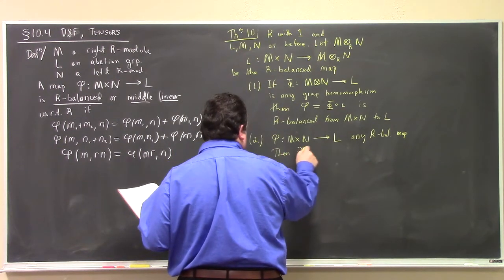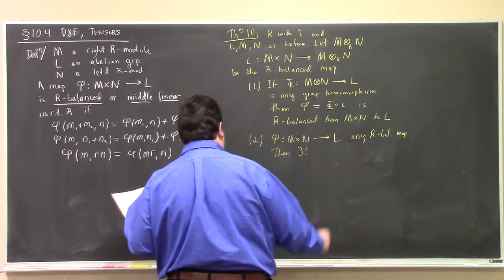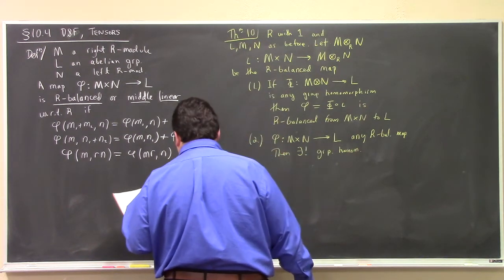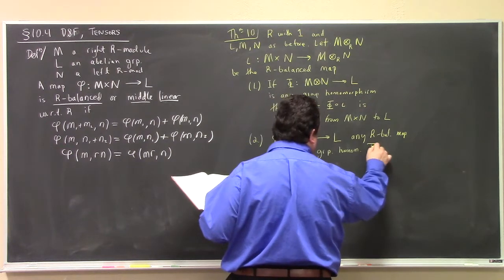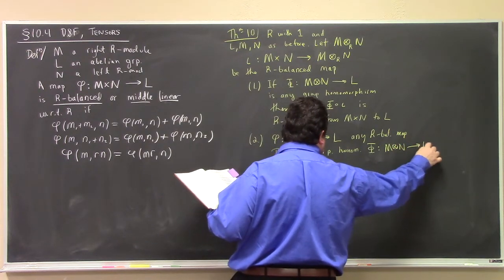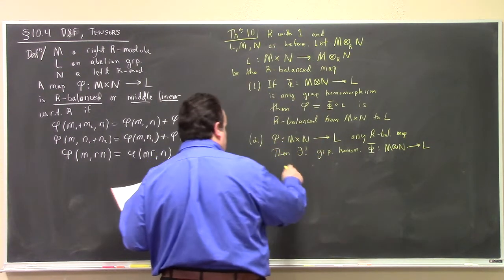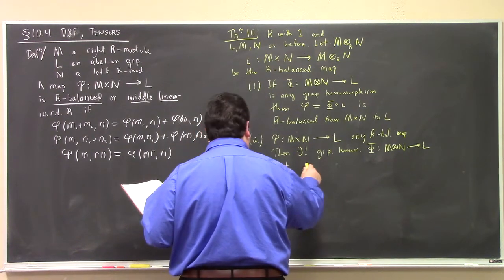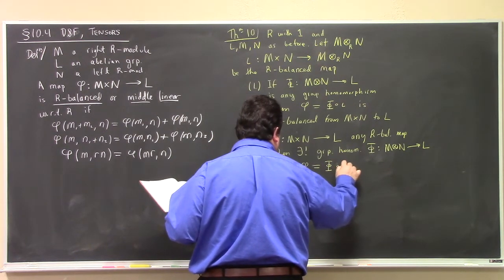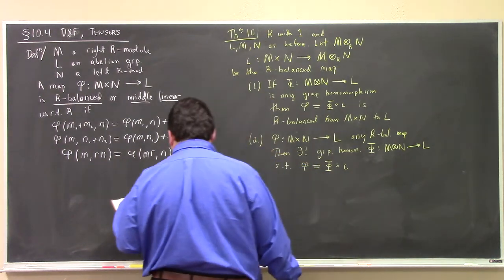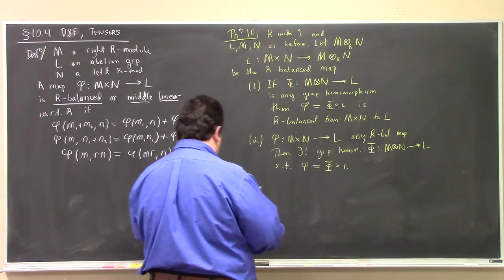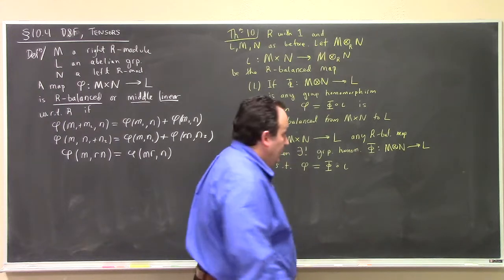then there exists a unique group homomorphism big phi from M tensor N to L such that phi is equal to the composite of big phi with iota. So we have a picture.